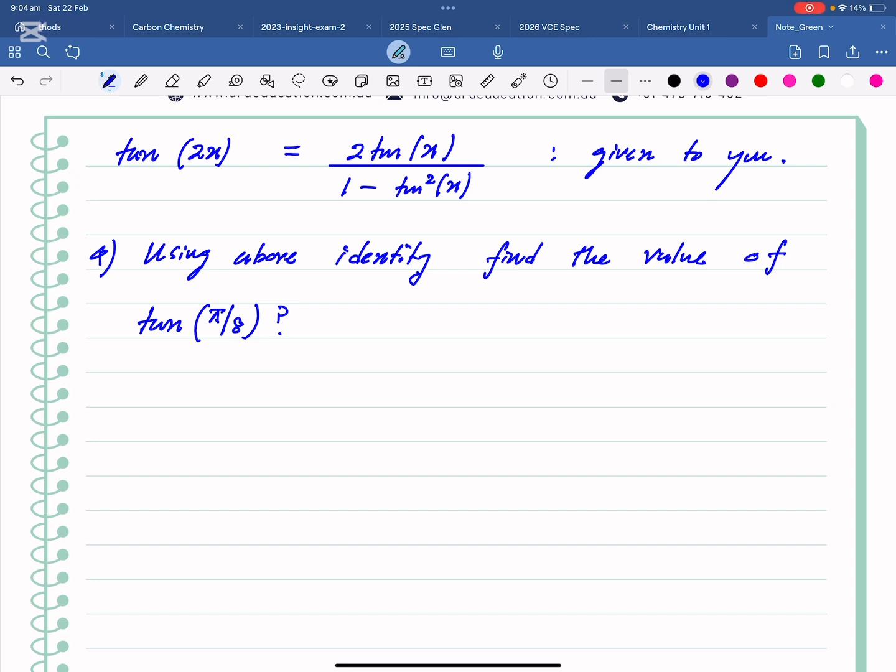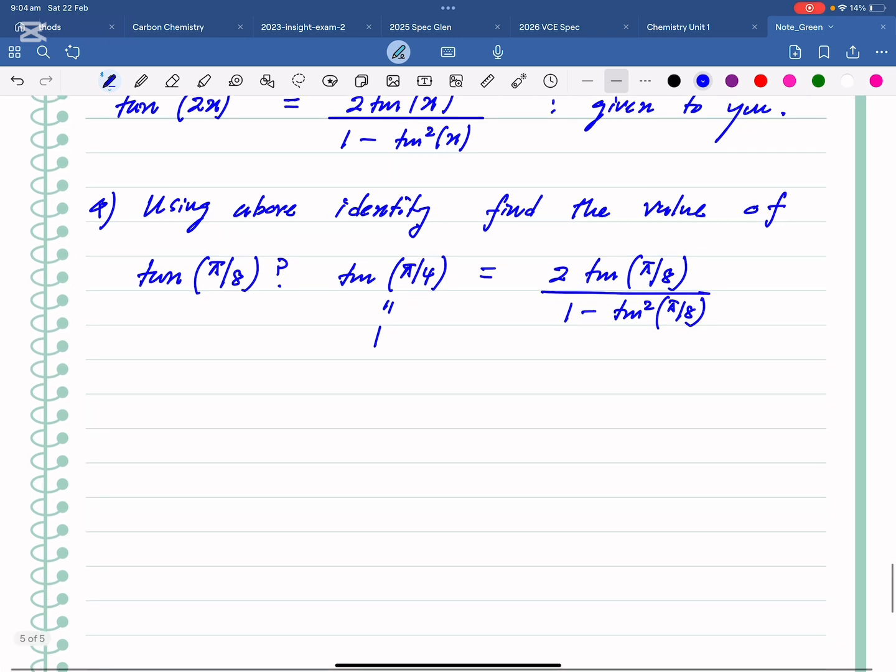So it is now like this. Tan 45 is equal to 2 tan pi divided by 8 divided by 1 minus tan squared pi divided by 8. So this is 1.